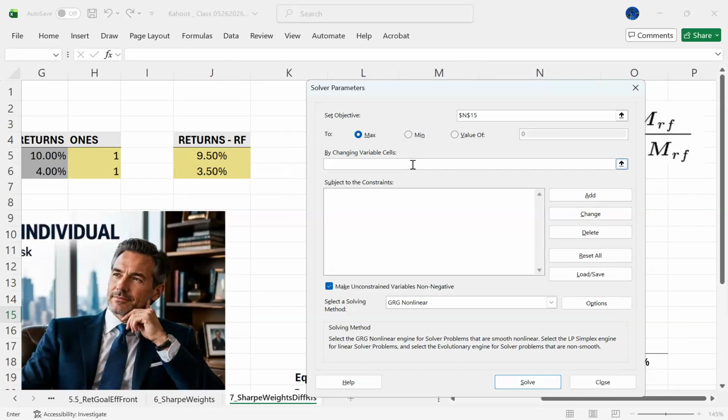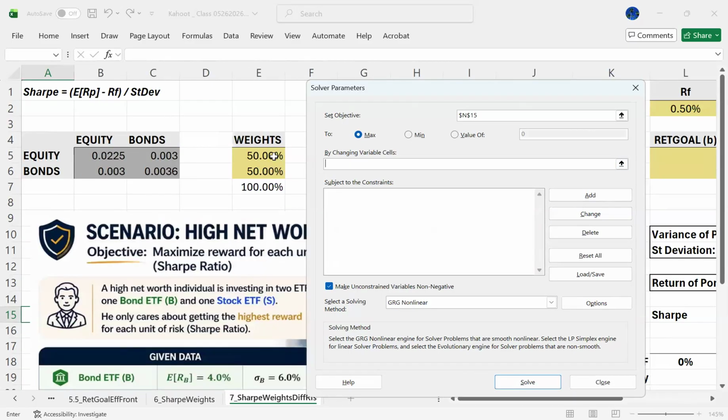So you're going to change W, these weights, every single time. Once you have done those iterations, look at all the Sharpe ratios and give me the combination of weights that leads to the highest Sharpe ratio.